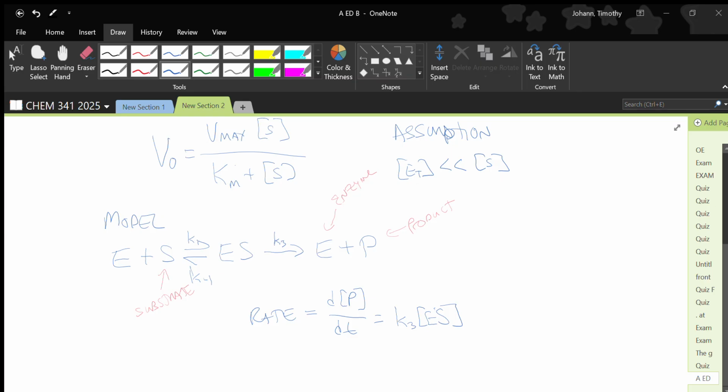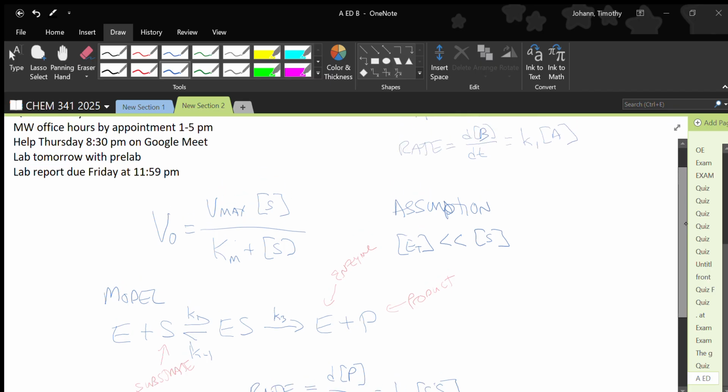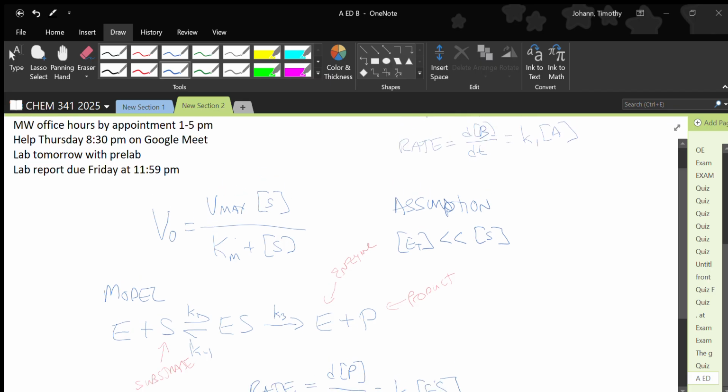Enzyme substrate complex is very hard to measure. How are you going to measure how much enzyme is bound to your substrate? There are fancy techniques where some people would be able to do that, but really what we want is to get to our Michaelis-Menten equation. That's where we're headed, where we dump in an amount of substrate. We know how much we added, right? It's like what you did for your enzyme assays 2 weeks ago.